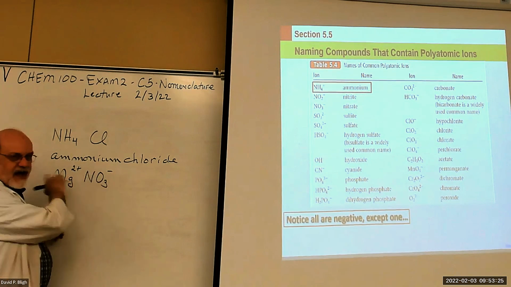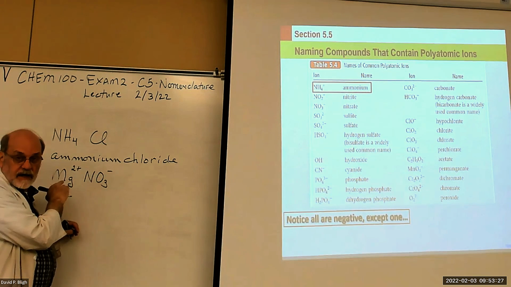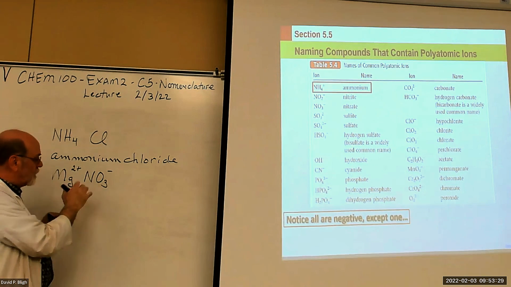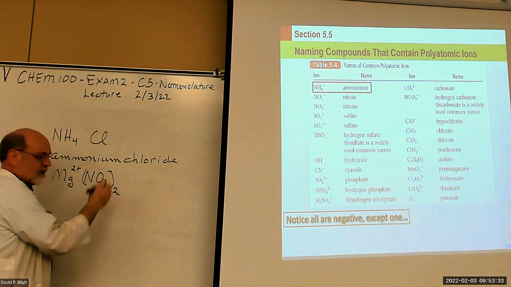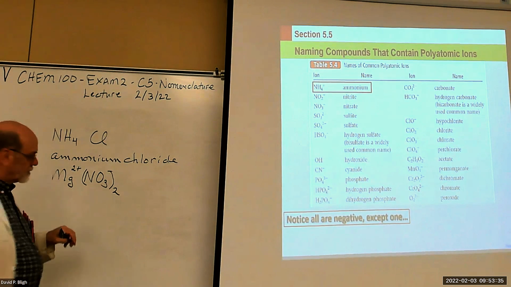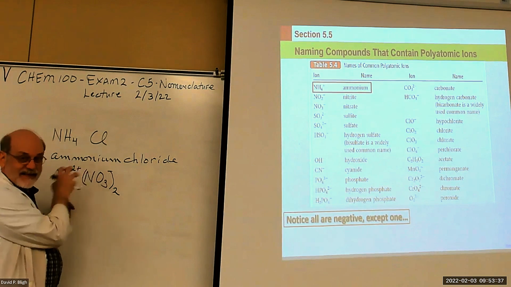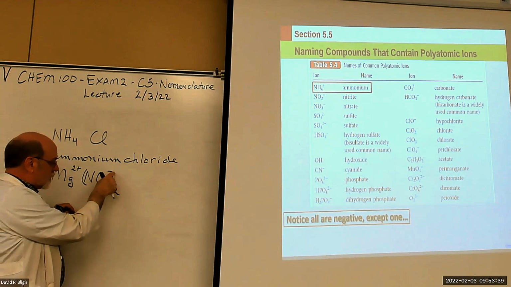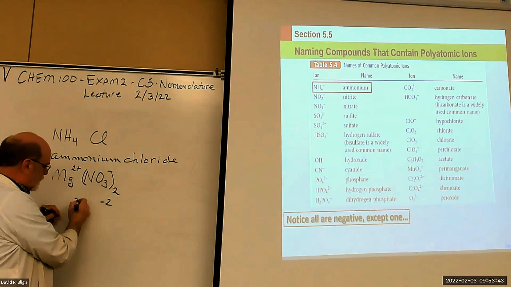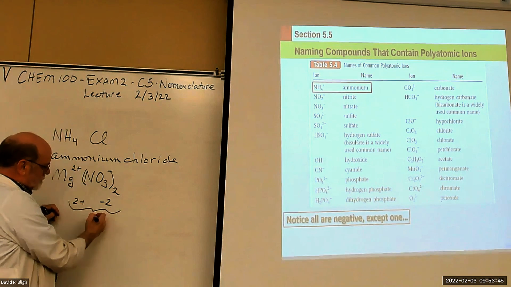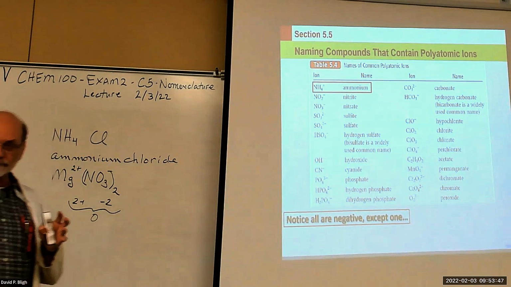If that's over the entire polyatomic group, you need a parentheses, right? Because this acts as a single unit. So 2 times -1 is -2, and then 2 plus balances the charge.